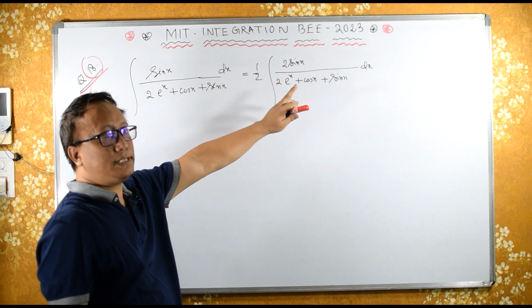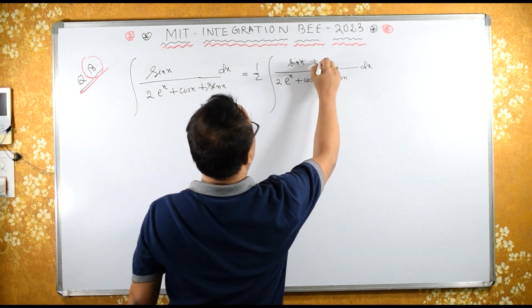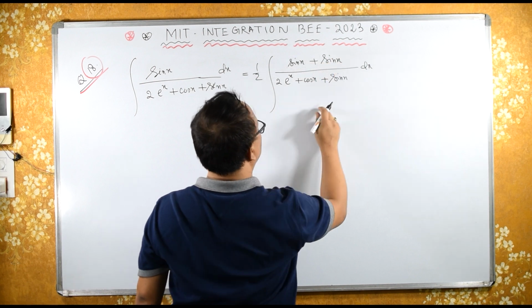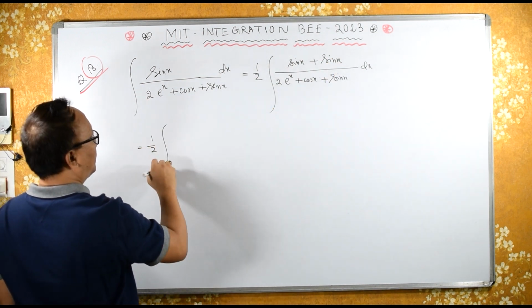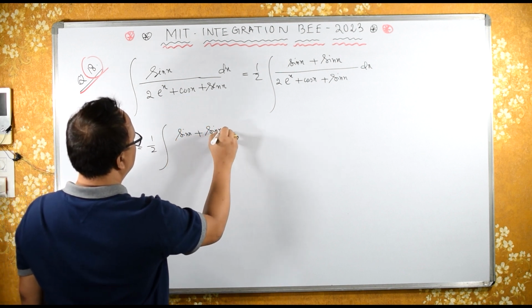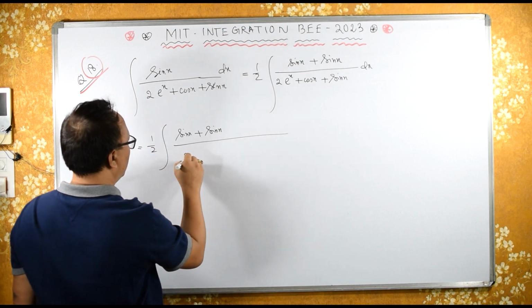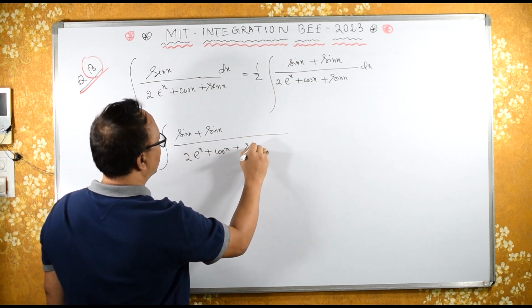So 2 sin x is the same as sin x plus sin x, and let's adjust it. This equals half of (sin x plus sin x) upon (2 e raised to x plus cos x plus sin x).